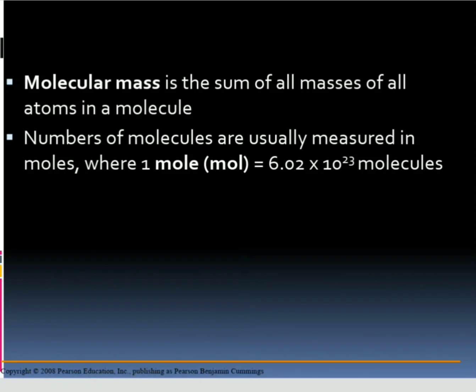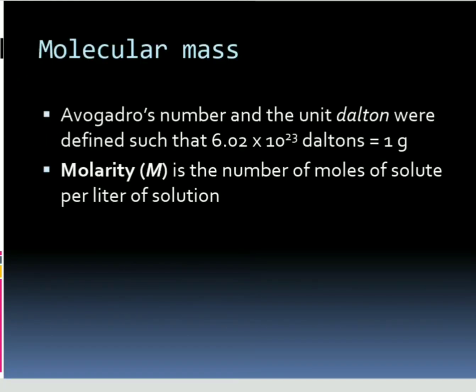The number of molecules is usually measured in moles, where 1 mole means 6.02 times 10 to the power of 23 molecules. To find the molecular mass, we have to calculate all the masses. Avogadro's number and the unit Dalton are defined such that 6.02 times 10 to the power of 23 Daltons equals 1 gram.